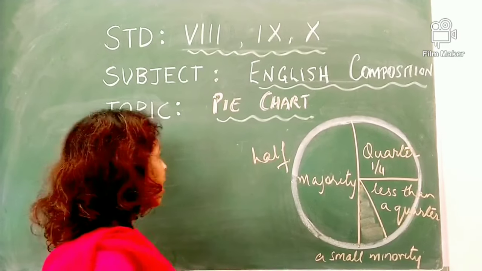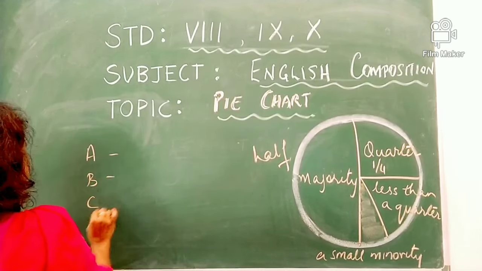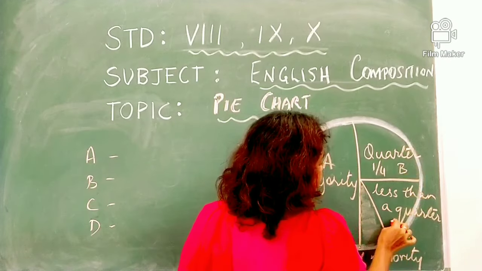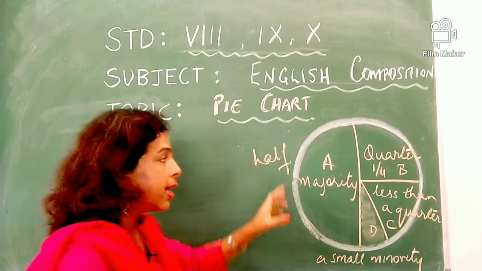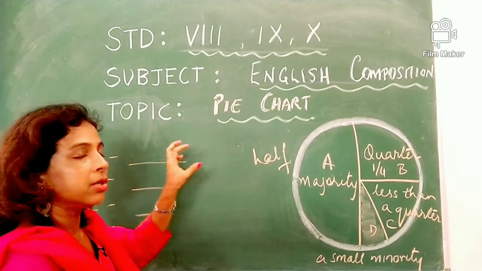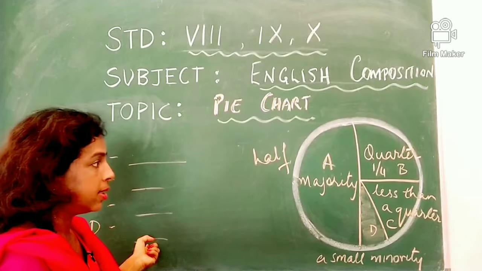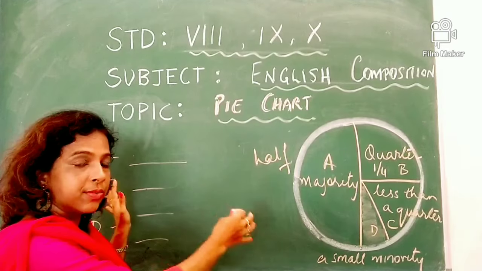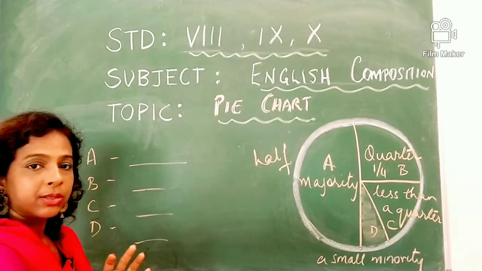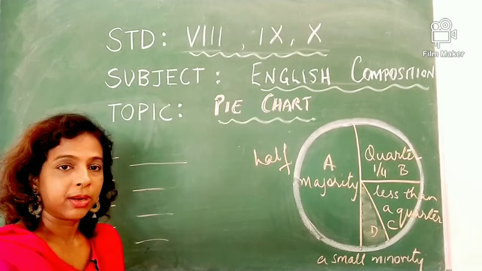Now in the question you will have A, B, C and D. That means this part will be A, this will be B, this will be C and this will be D. And each of them will have a certain section of it, a topic will be given and it will be divided into A, B, C and D. Now you will have to use this information that is given in this question and the pie chart, and you are going to be putting it together to form your sentences. Okay, so that's what we are going to be doing next.